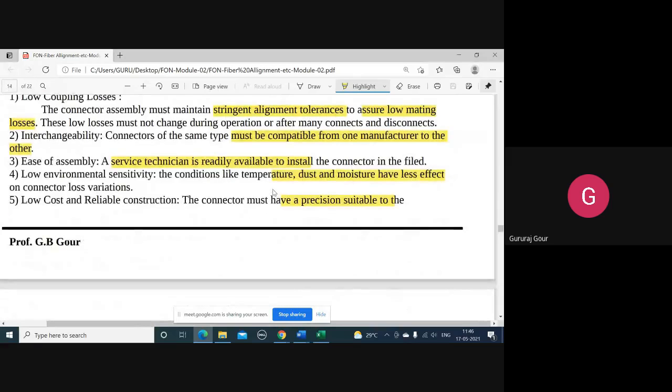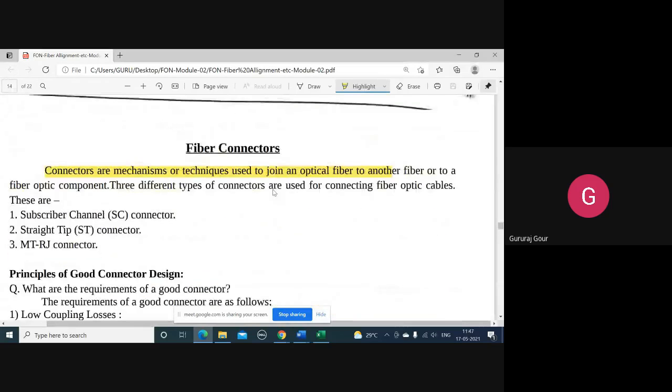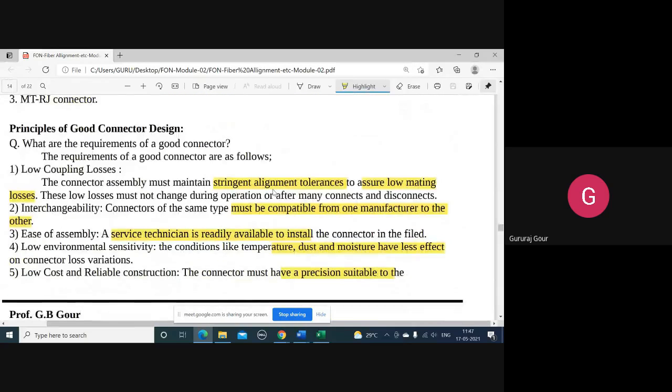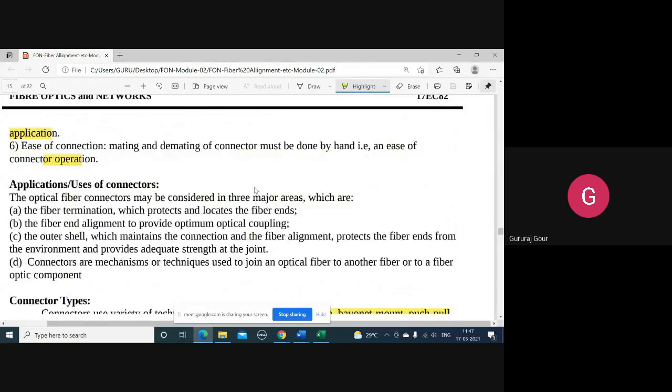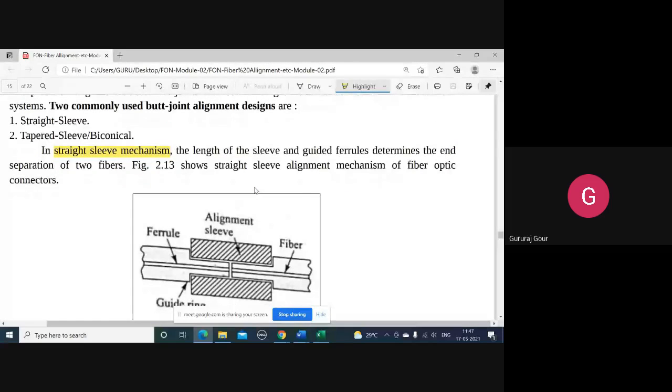Normally you will get a short note on connectors. You define it, mention the types and the operating principles or the requirements of a good connector you can entitle there. After that, you can continue with the discussion of the different types of connectors.